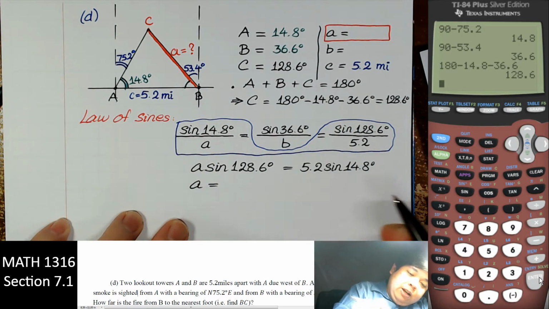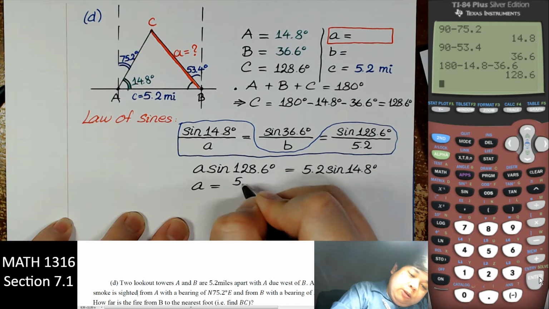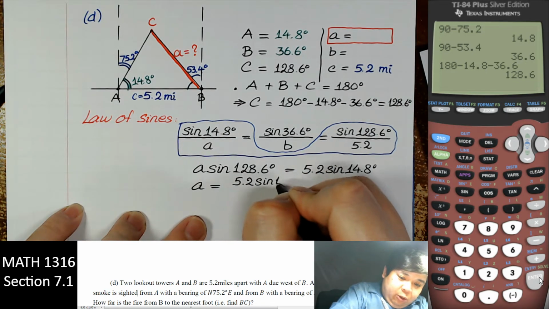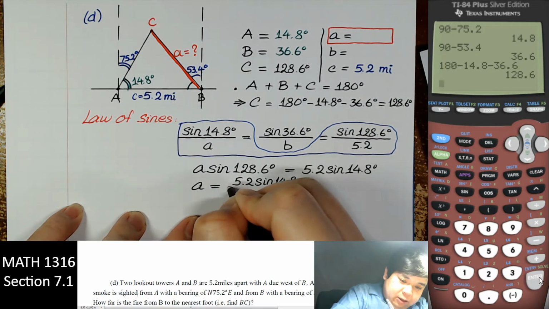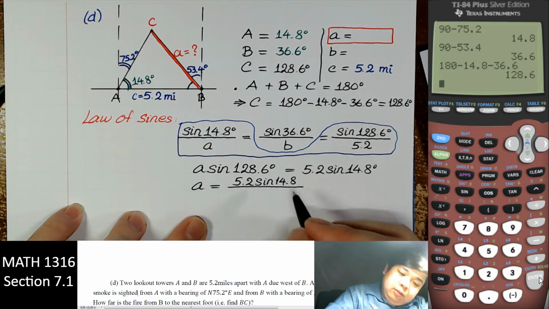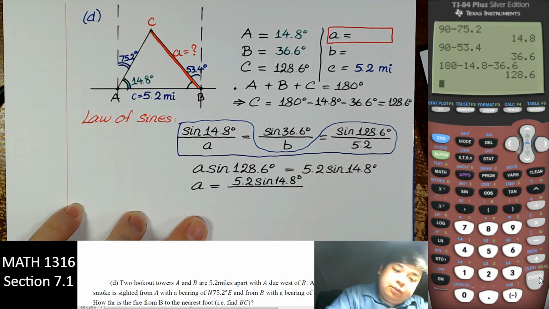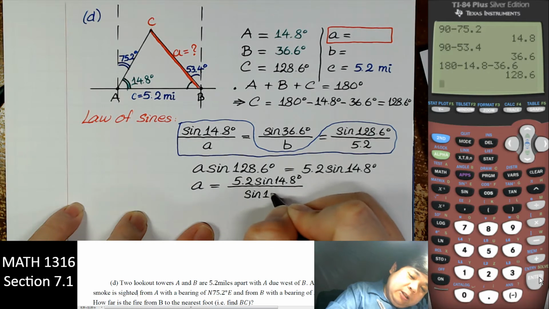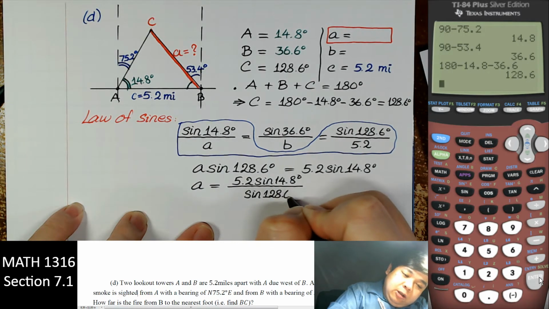So to get a, we have 5.2 sine of 14.8 degrees divided by sine of 128.6 degrees.